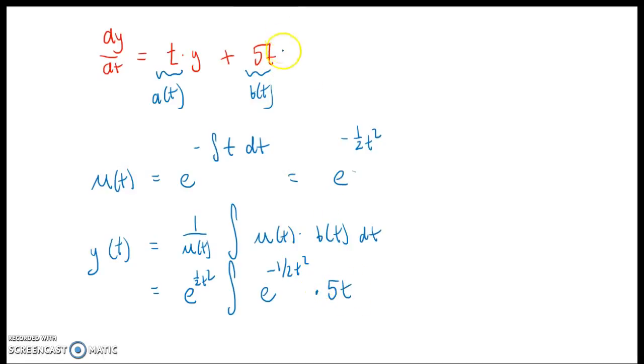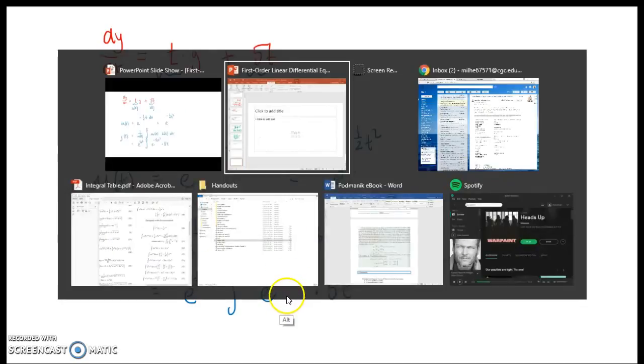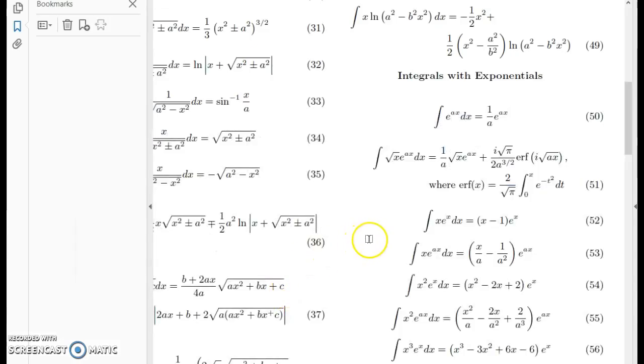The reason I chose 5t here is because by substitution I can now solve this integral out. I will go ahead and pull up my integral sheet here.